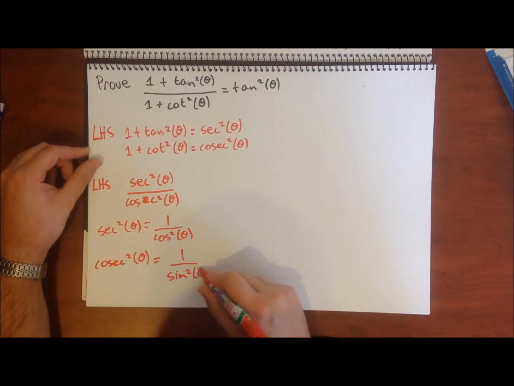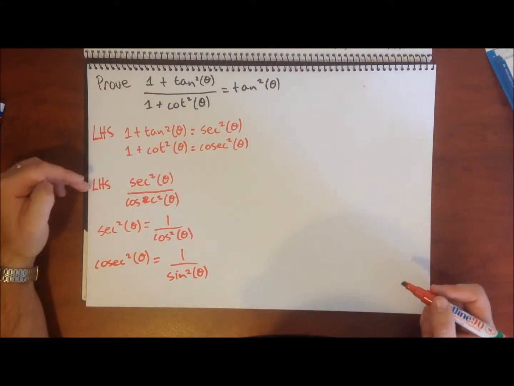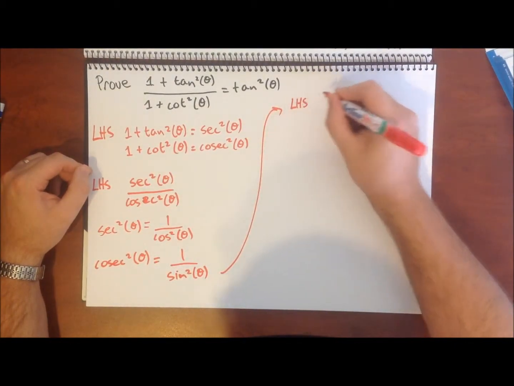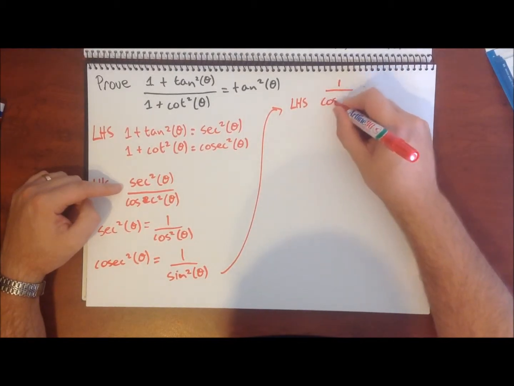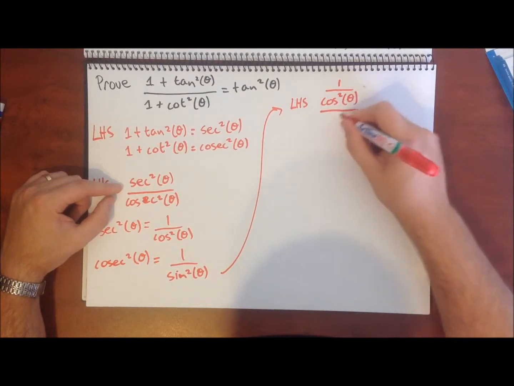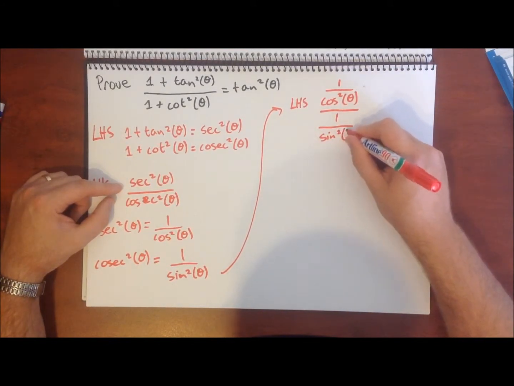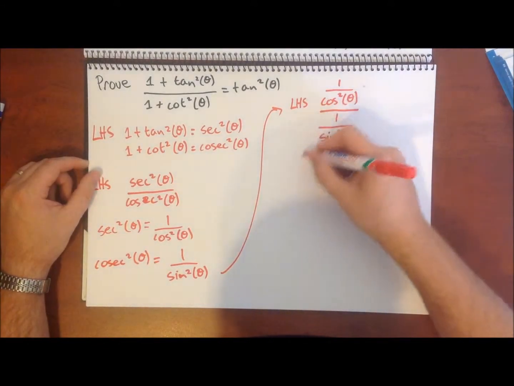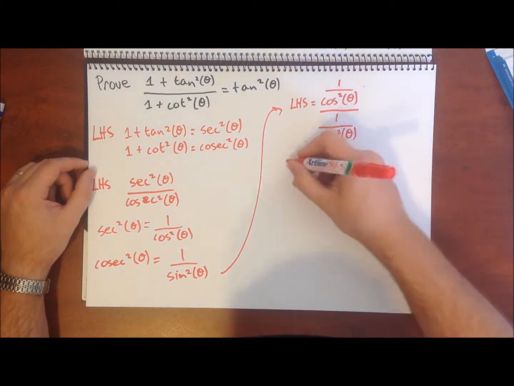So now our left-hand side, I'm going to come back up here, we can think of it as 1 over cos squared theta over 1 over sine squared theta. Then we've got one fraction dividing by another fraction.